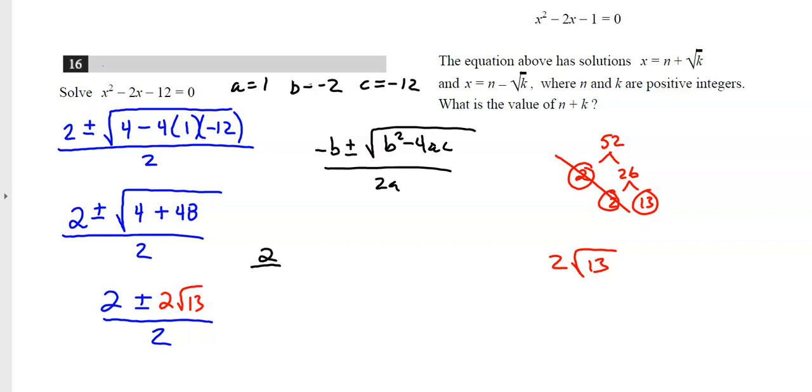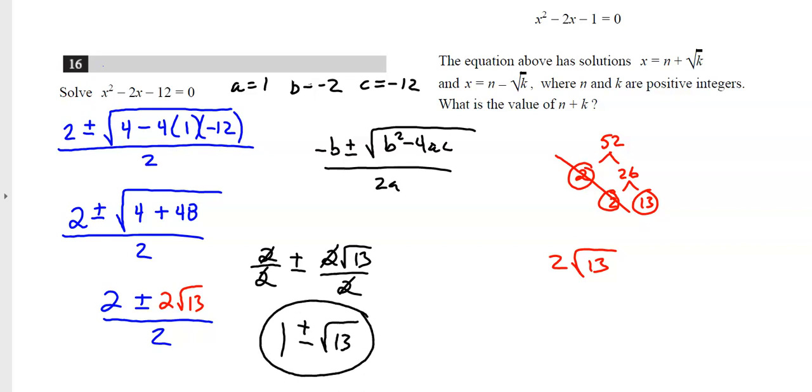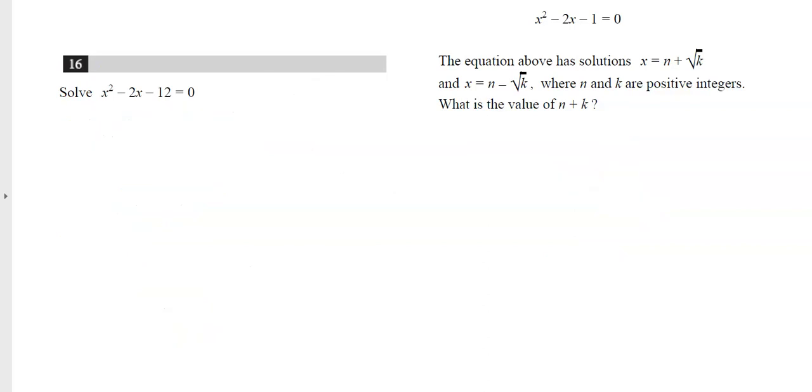So now I have 2 divided by 2 plus or minus 2 radical 13 divided by 2. And these cancel out and become 1. These just cancel out. And this is the number. That's the exact answers to number 16. No imaginary, so we were lucky there.